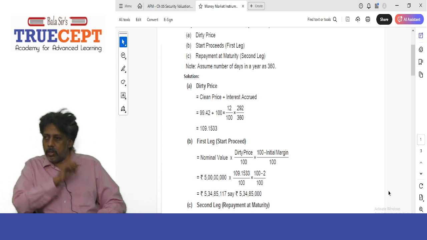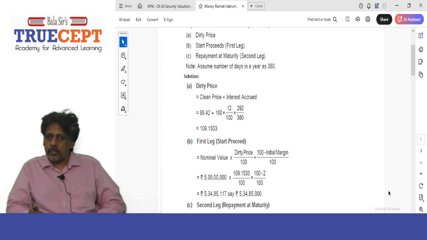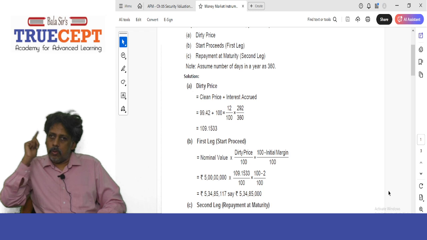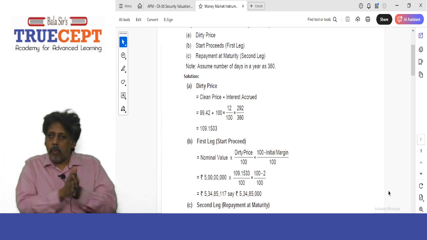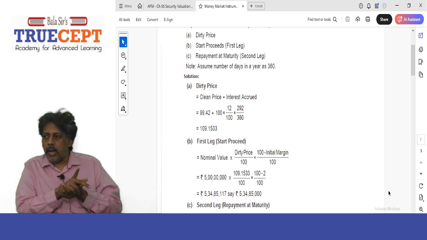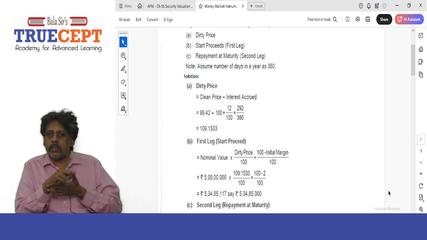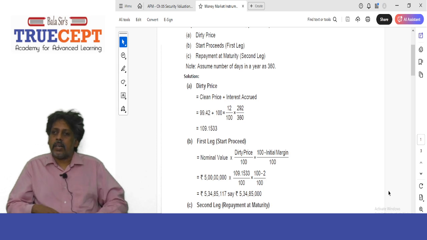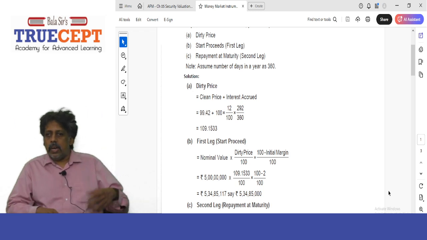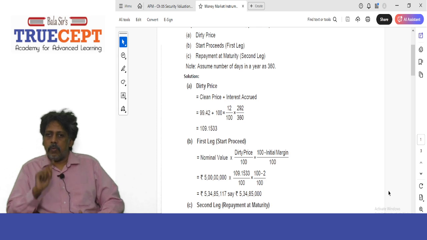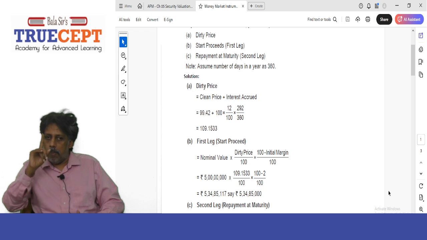So 12 by 100, 12%, for 292 days. And 12% is a per annum rate for 360 days, so into 292 by 360, you get the interest portion and add both. In all, you get rupees 109.1533. That's the dirty price or the market value of these investments, including income accrued. It is rupees 109.1533 per bond. Got it?